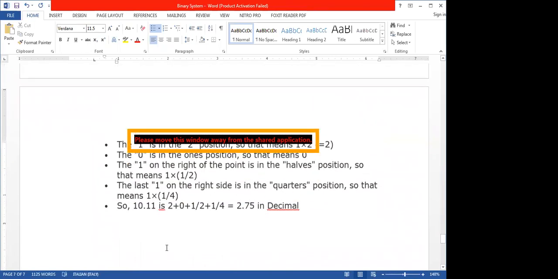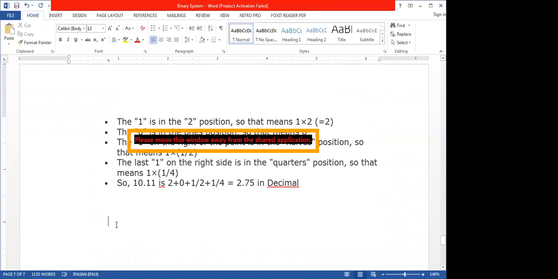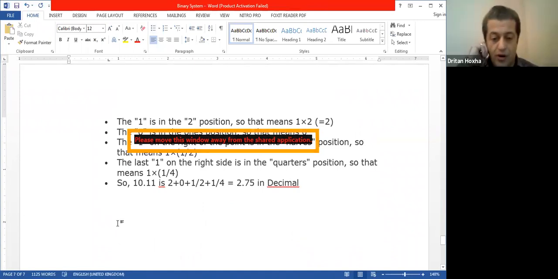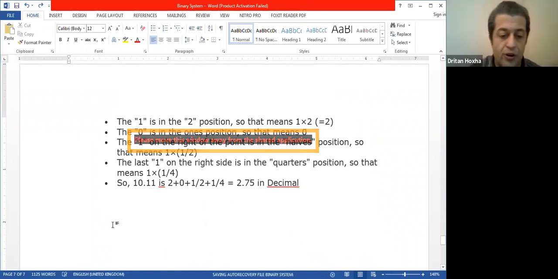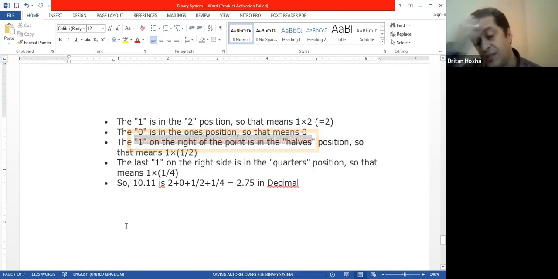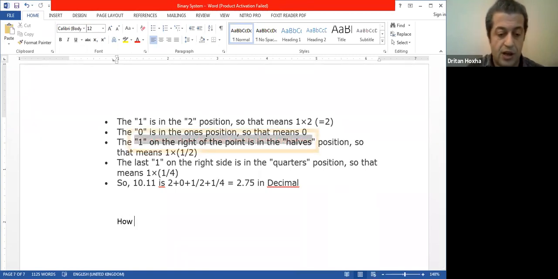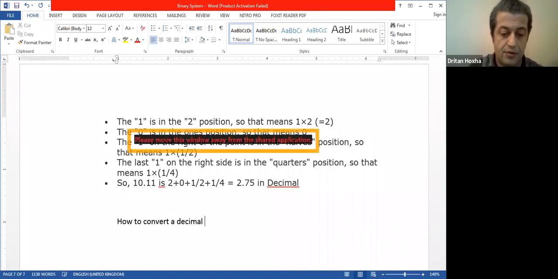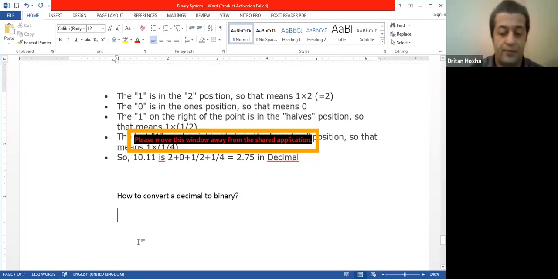Now, I'm going to show you how to convert decimal numbers into binary numbers, base 2. How to convert a decimal to binary. I'm going to show you this one.